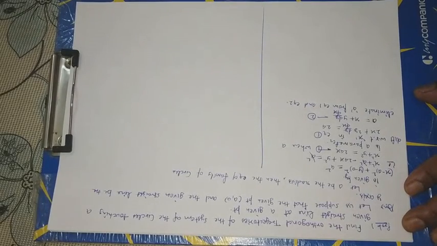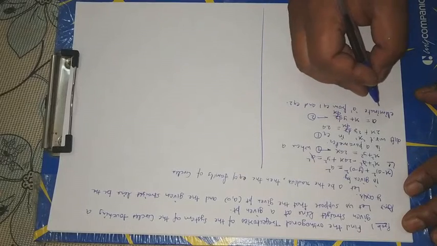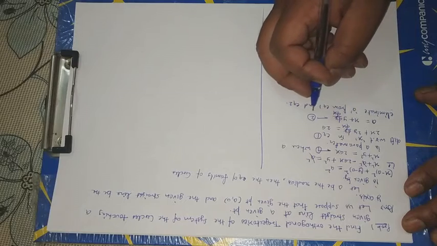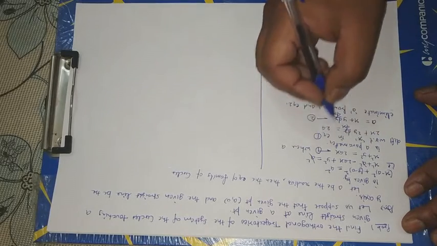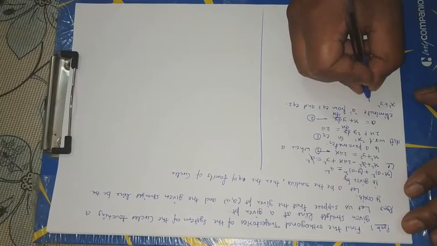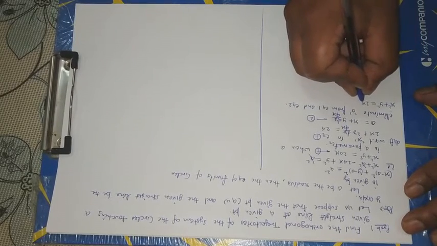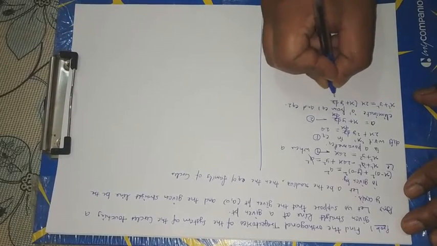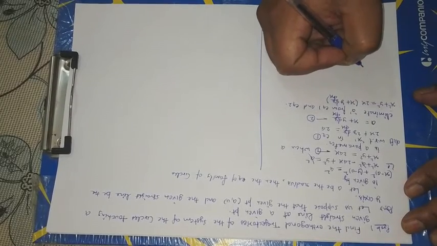We put the value of a from equation number 2 in equation number 1, that is x square plus y square equal to 2x into (x plus y dy/dx).